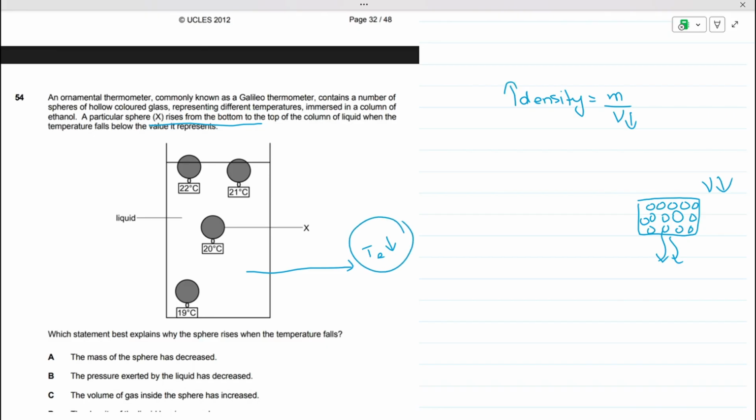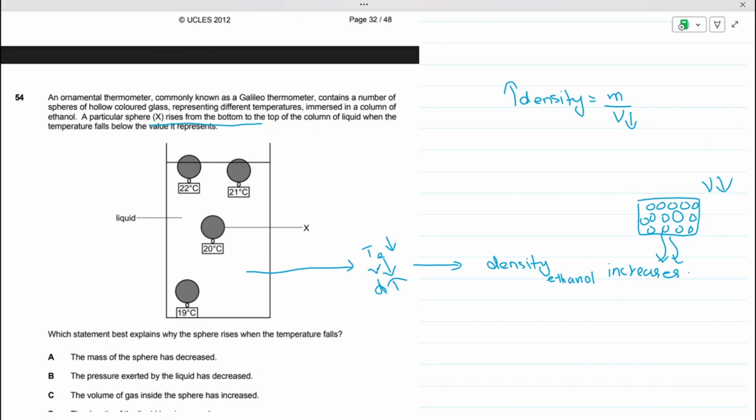So if temperature is decreased, volume is decreased, and density is increased. From here, the conclusion we have drawn is that the density of ethanol increases.